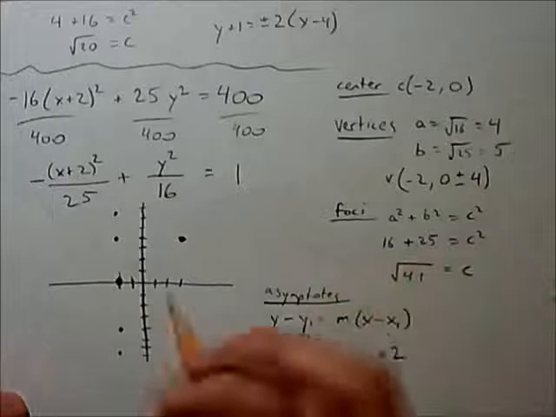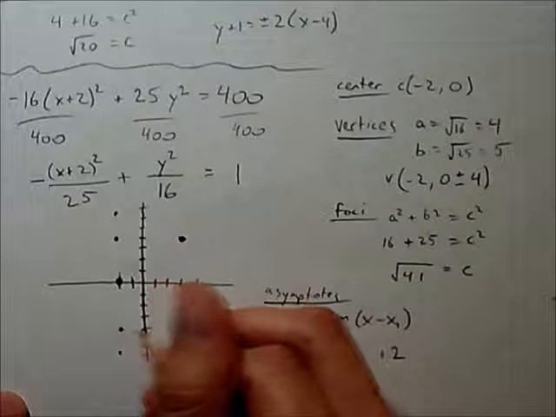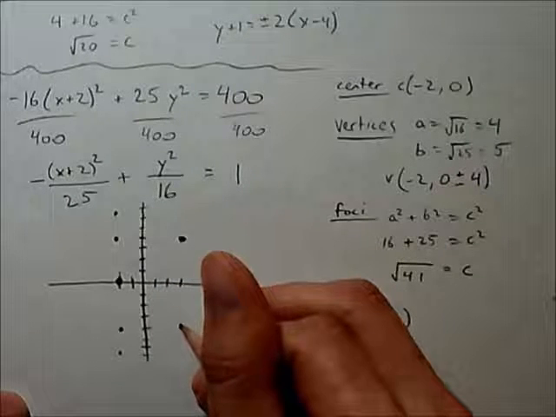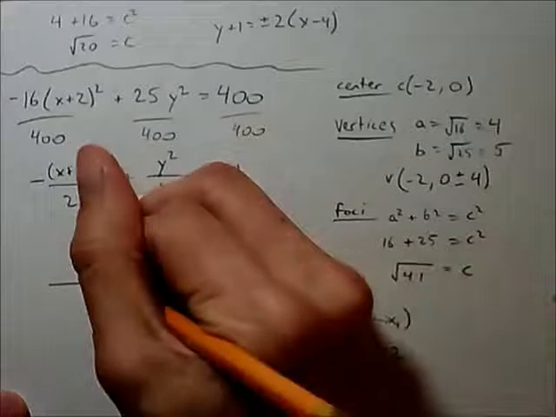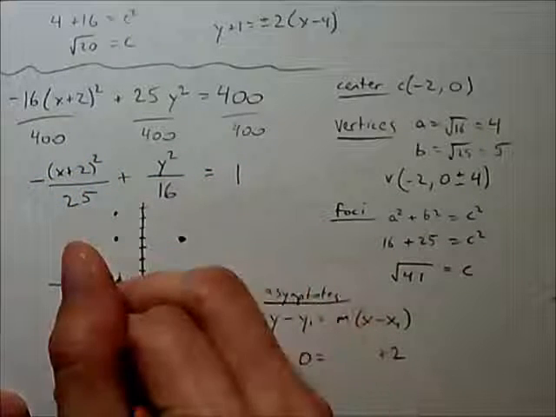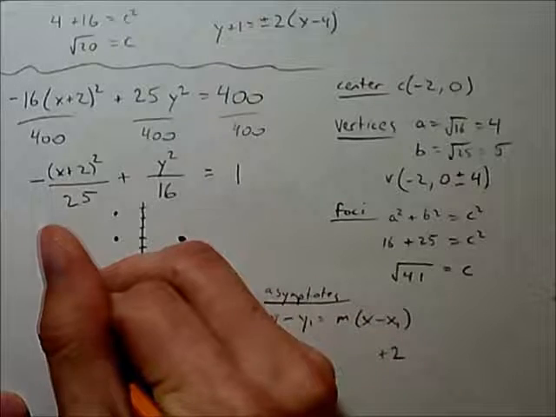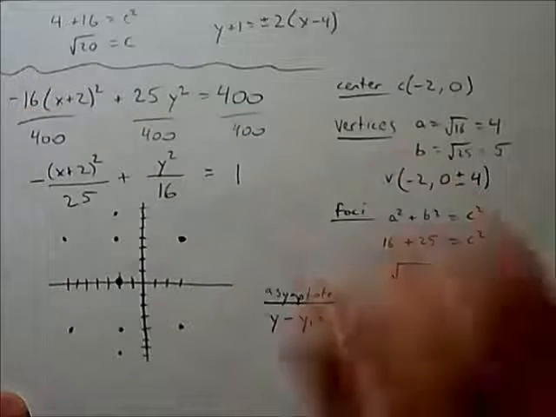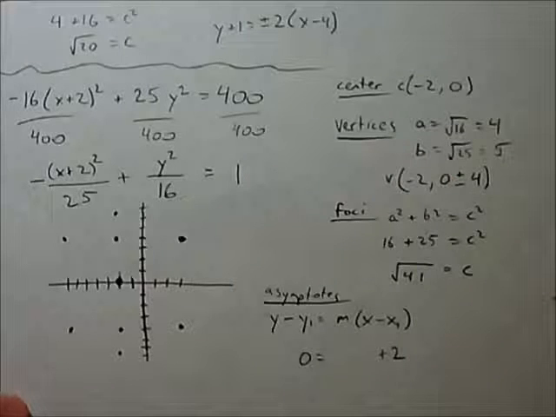And then the other vertex, 1, 2, 3, 4, 5. And we're going to count to the left 5 as well. 1, 2, 3, 4, 5. So from each vertex, right there.